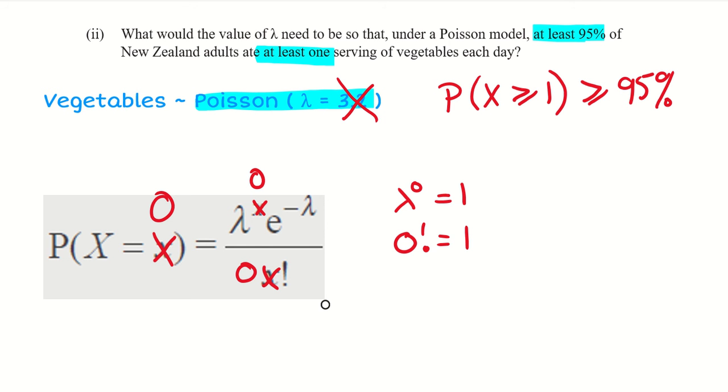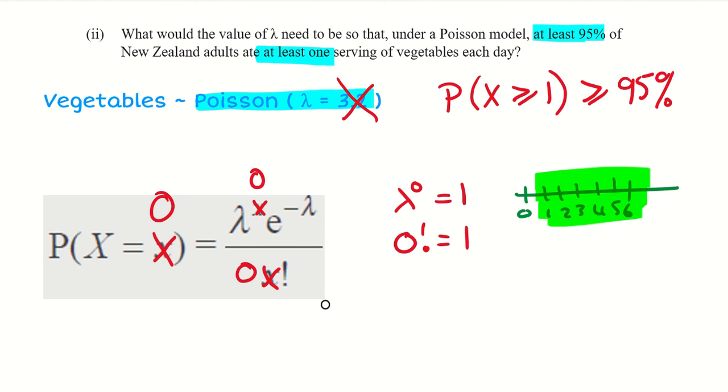And so I'm going to take this information about being greater than or equal to 1 and think about my number line: 0, 1, 2, 3, 4, etc. If I want greater than or equal to 1, that would be everything on that side there.